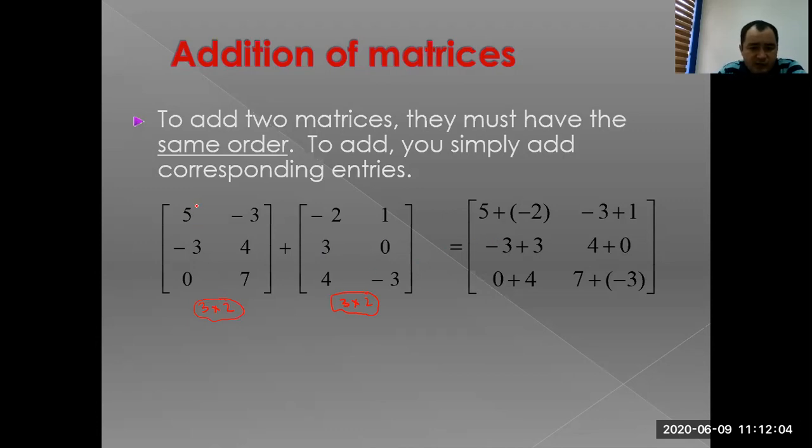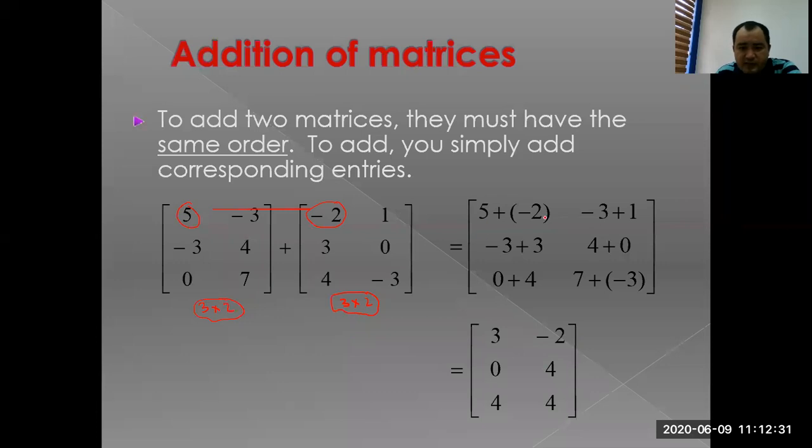So this entry corresponds to this entry, right? So that is 5 plus negative 2, here we have. Negative 3 plus 1, here we have. Negative 3 plus 3, here we have. And 4 plus 0, here we have. We are just adding corresponding entries, right? After that, we get this matrix, and the resulting matrix has the same dimension as these matrices.